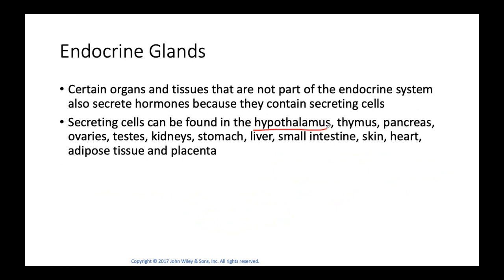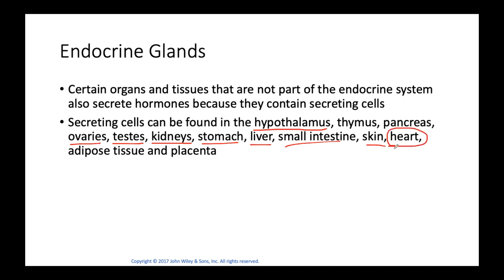If we talk about the ovaries and the testes, which are part of the reproductive system, they also have secreting cells. The kidneys are part of the urinary system, but they have secreting cells. The stomach is part of the GI tract or digestive system, but it too has secreting cells, as does the liver and the small intestine and the skin, even the heart.